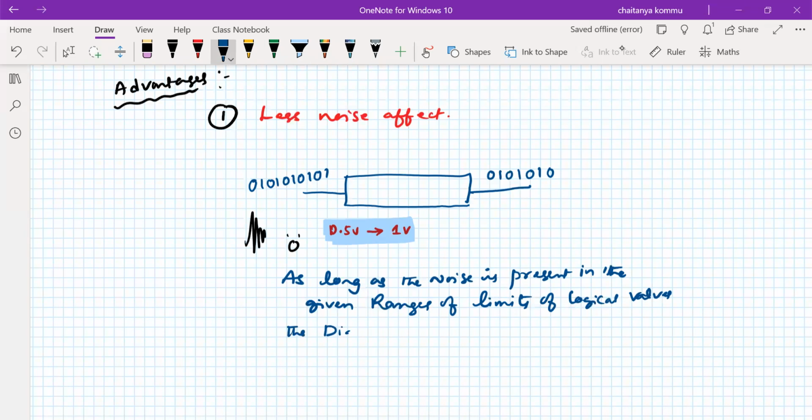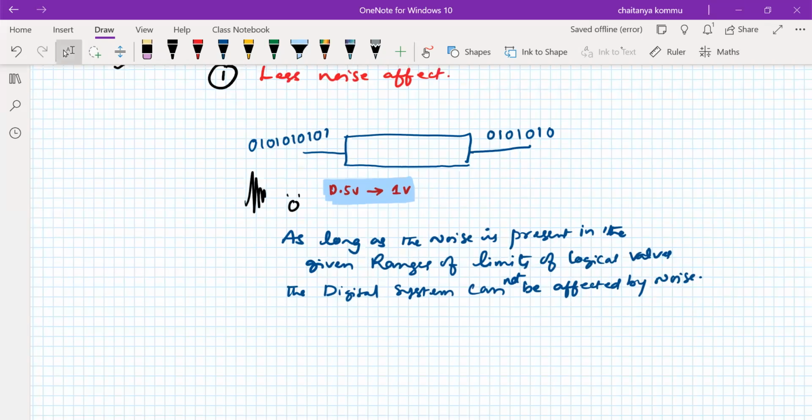The digital system cannot be affected by noise, right? That's what we observe, because we are using the logical information.